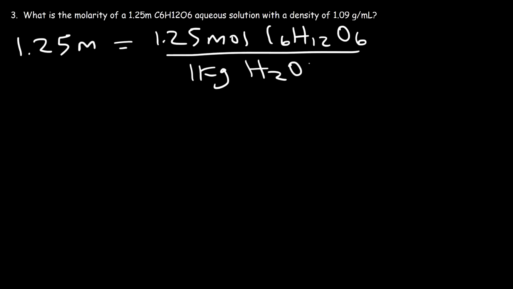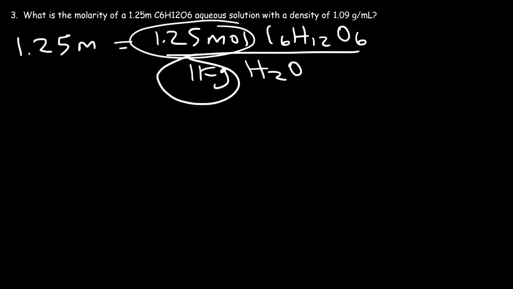Now, it might be good to choose a certain mass of water. It really doesn't matter how many grams of water you choose. It could be 100 grams, 200 grams, 1 kilogram. But I'm going to choose 1 kilogram because if I have 1 kilogram of water, then I know how many moles of solute I have, 1.25 moles. And that's half the battle.